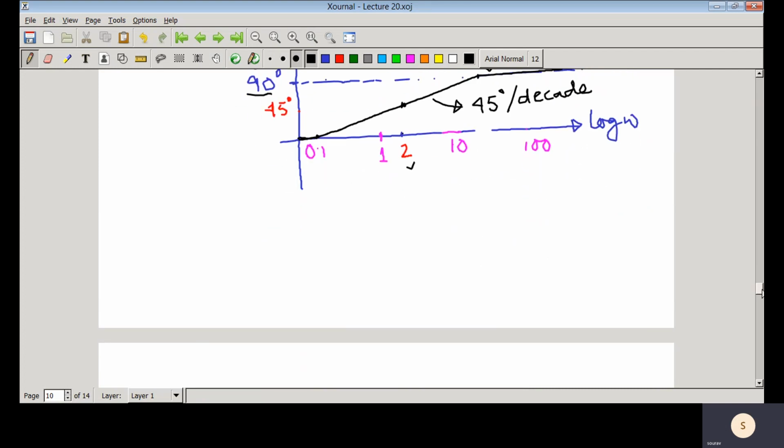So let us see, these are actually not examples, we have already discussed it, we are showing what its plot would be.